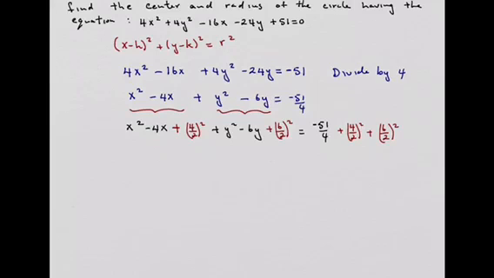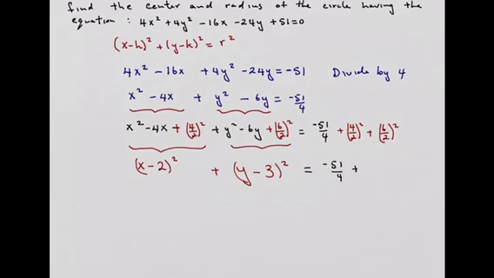If we now complete the square for all of this, that becomes x minus 2 quantity squared plus this here becomes y minus 3 quantity squared, and simplifying, the right side becomes minus 51 over 4 plus 16 over 4 plus 36 over 4.